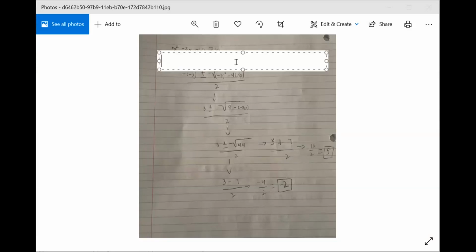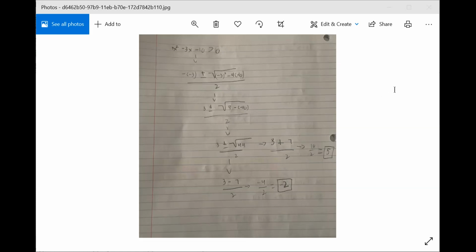So the quadratic formula is negative b plus or minus the square root of b squared minus 4ac over 2a. So I just inputted those numbers into that equation, you see. Very good. But you did not tell me what these numbers are for. That's what I'm asking. What are these two numbers for?